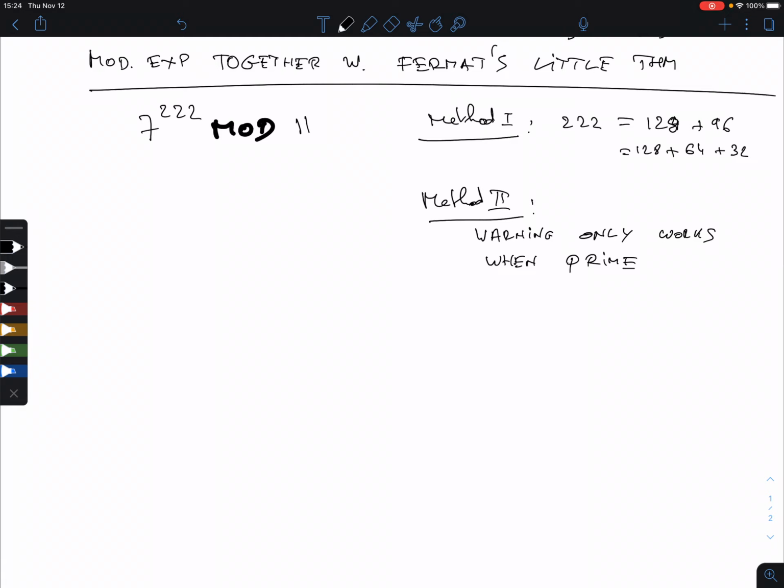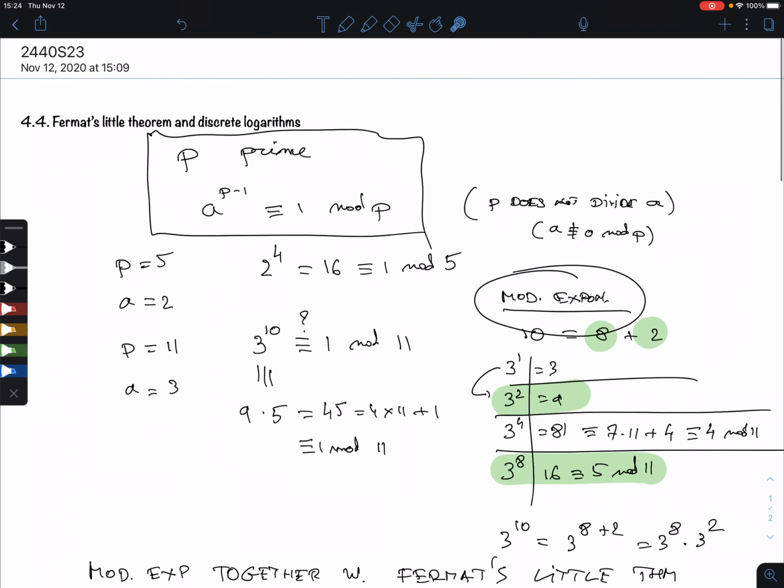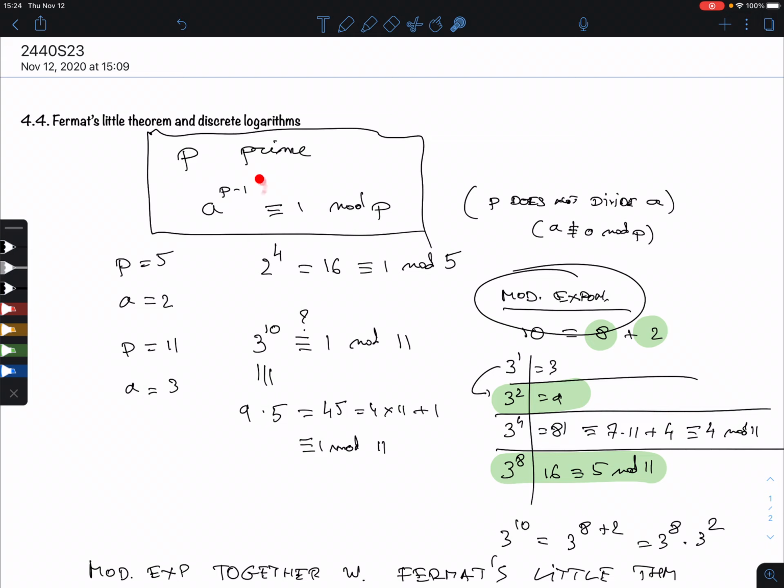Now, what do we do then? So a prime P. We take step 1: we calculate P minus 1, which in this case is 10. Remember, this is the power that appears in the exponent.